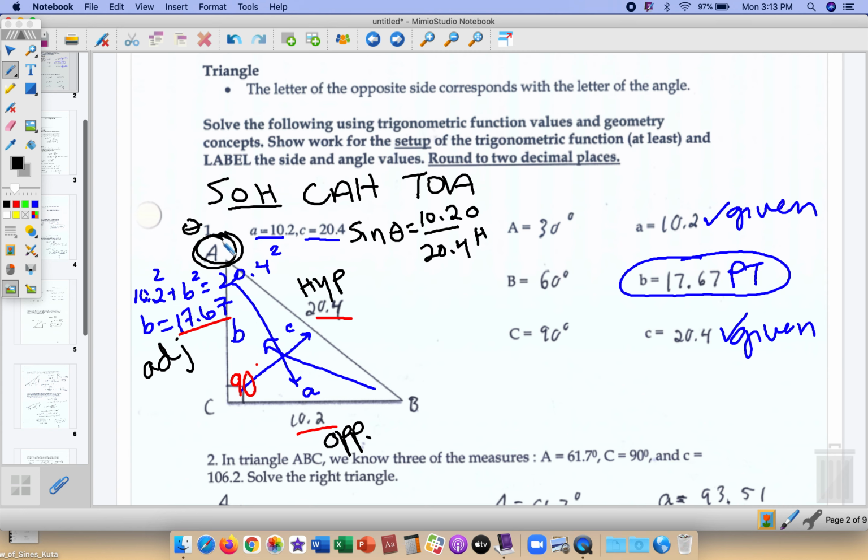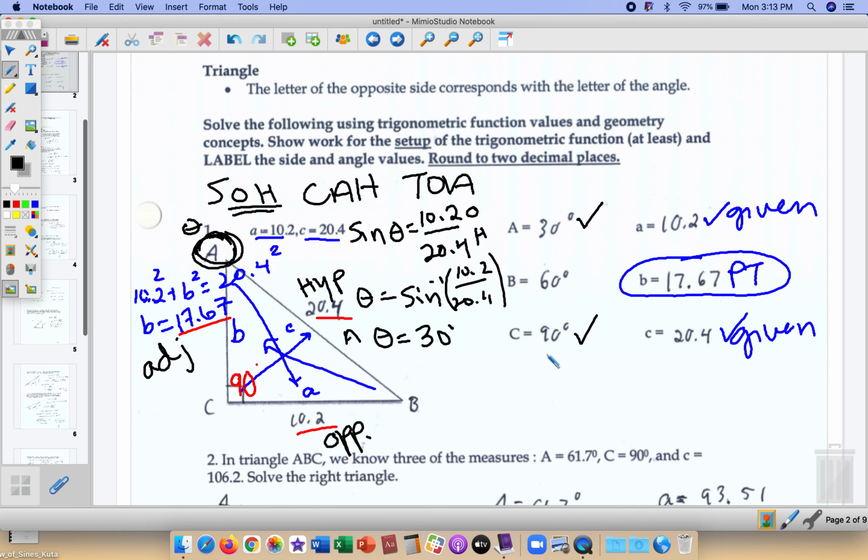So if I'm going to work with sine to find theta, angle A, I know sine is opposite of the angle over hypotenuse. So 10.2 over 20.4. And now we'll do inverse sine of that value. And when we do that, we're going to get theta for angle A is 30 degrees. So that's how we find that.